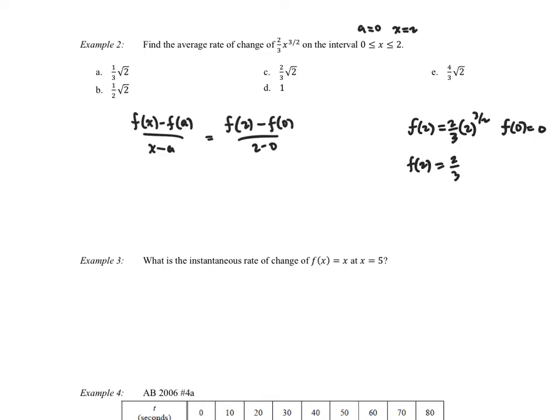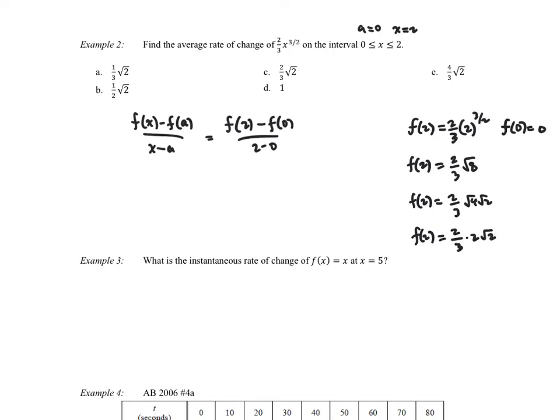The square root of 2 cubed would be the square root of 8. Okay, now I don't see an answer that has a square root of 8 in it. So I'm going to simplify this slightly to 2/3 times the square root of 4 times the square root of 2. So I see the square root of 2 that I'm looking for, which shows up in most of these answers, which would be 2/3 times 2 times the square root of 2.